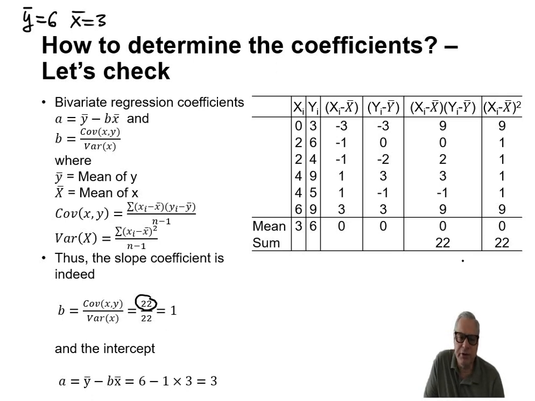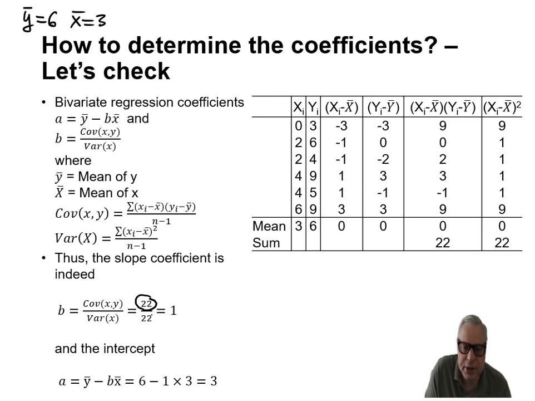So now we have to divide by the variance of x, and again we don't have to divide by n minus 1, because that would cancel out. But the variance is the squared deviations from the mean. So we have already calculated xi minus x bar. So we just need to square that. So negative 3 squared 9, negative 1 squared 1, negative 1 squared 1, 1 squared 1, 1 squared 1, 3 squared 9, that's also 22.